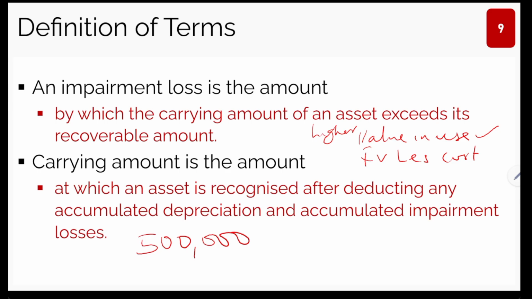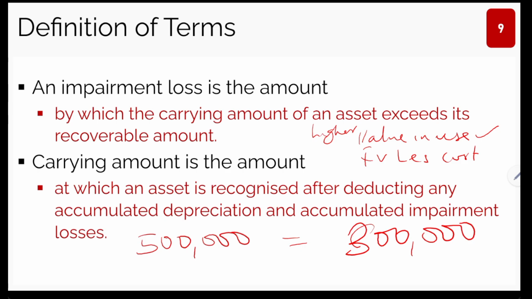So I pick the higher one, then I take that and compare it with the carrying amount of the asset. So if the recoverable amount, depending on whichever one is higher, becomes 300,000, and in your books you're carrying that asset for 500,000, it means that 300,000 signifies the worth of the asset.